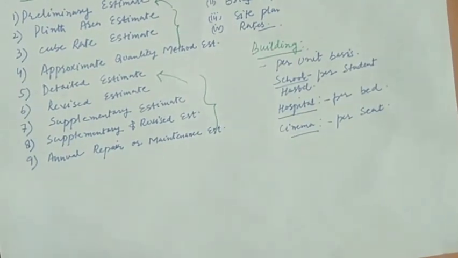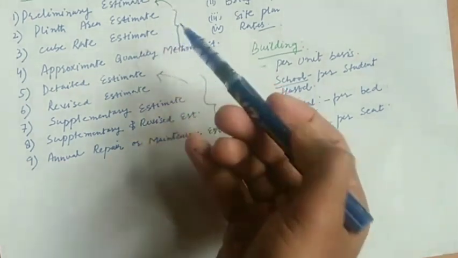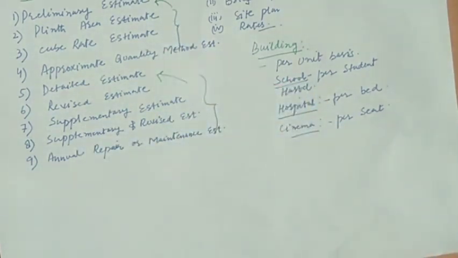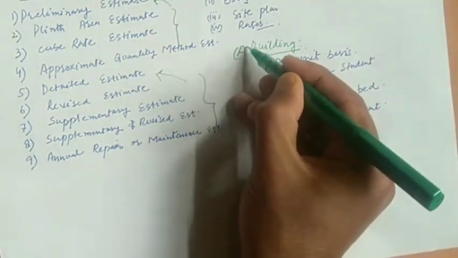So this is the case of the building. The other bases for making a preliminary estimate for a building are the Plinth Area estimate and the cubic rate estimate. These two we will talk about a bit later. For now, let us move to part B.